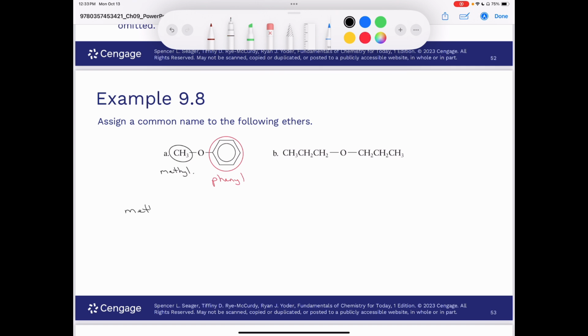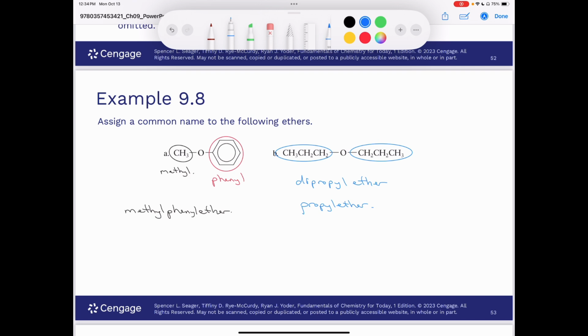And on this one, you see that both of the groups are identical. We have a propyl group here and another propyl group here. So we would call this dipropyl ether, or you could shorten it to just propyl ether.